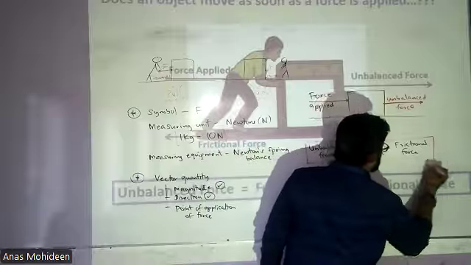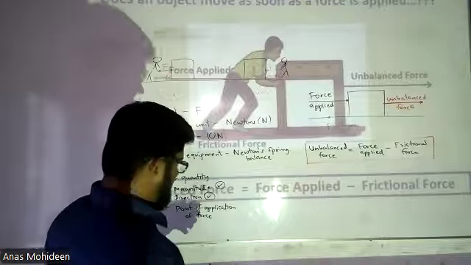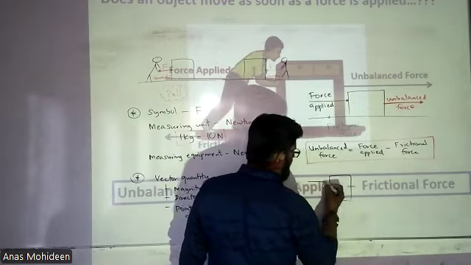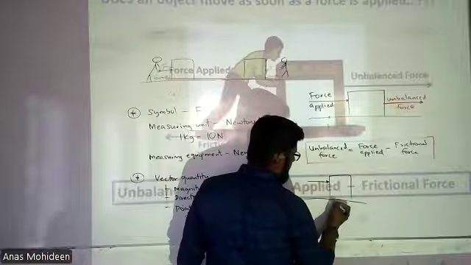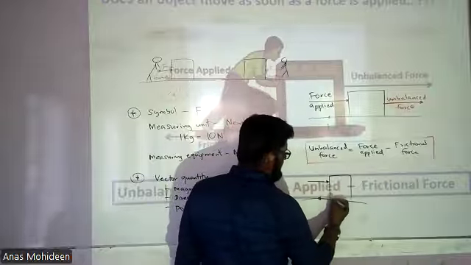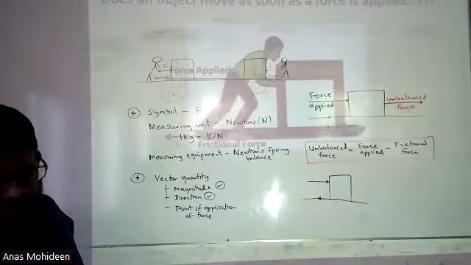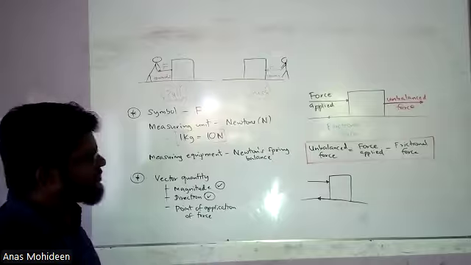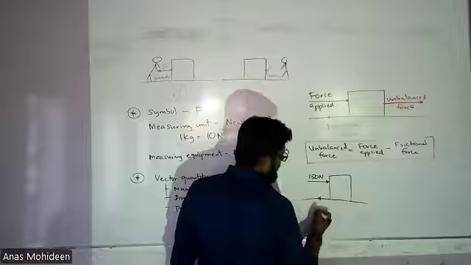Alright. Example. Let me take an example like this. It's an object. You are giving a force. On a surface, in the opposite direction, another force is given. Let me take the force you gave as 150 Newton.